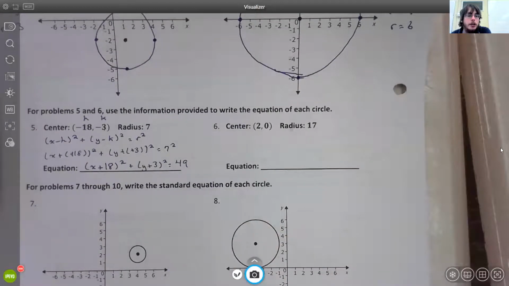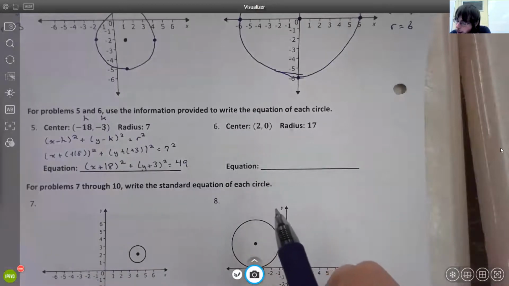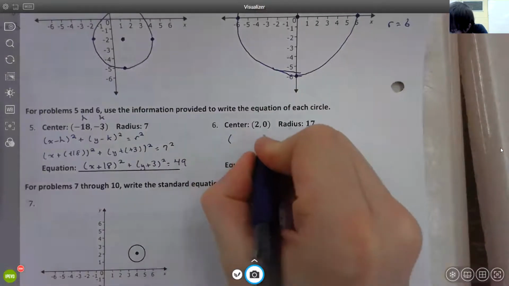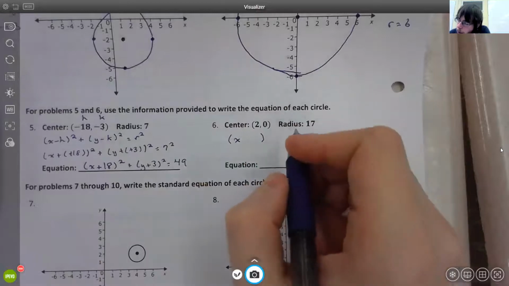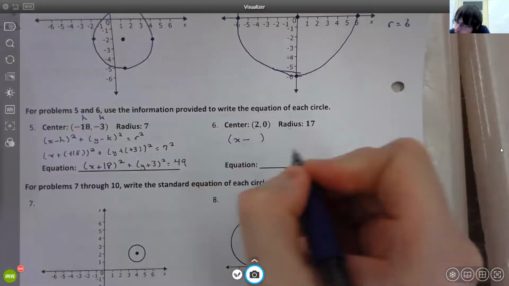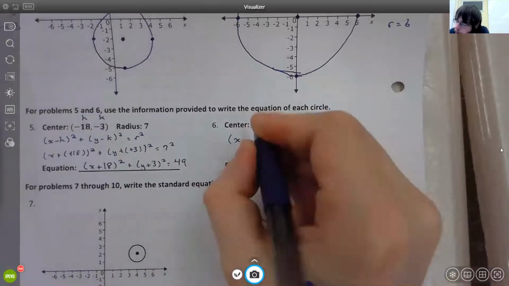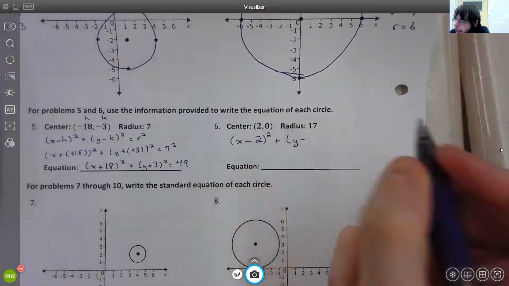Your equation, (x - h)² + (y - k)² = r². So in your first set of parentheses, you're going to have x, and then, of course, minus, and then your h. Well, in this case, h is 2, then squared, plus. Now here you're going to have y minus k.